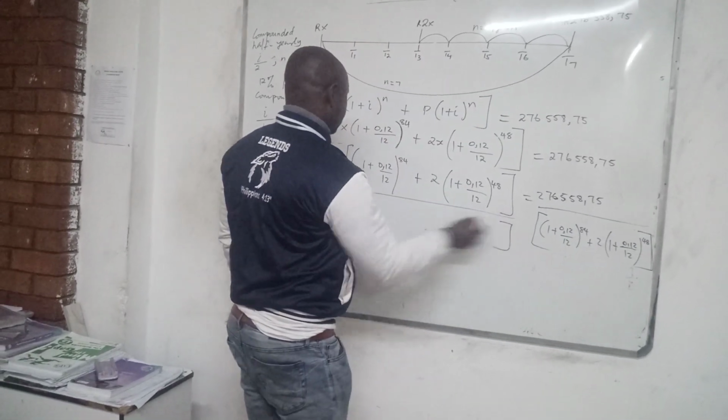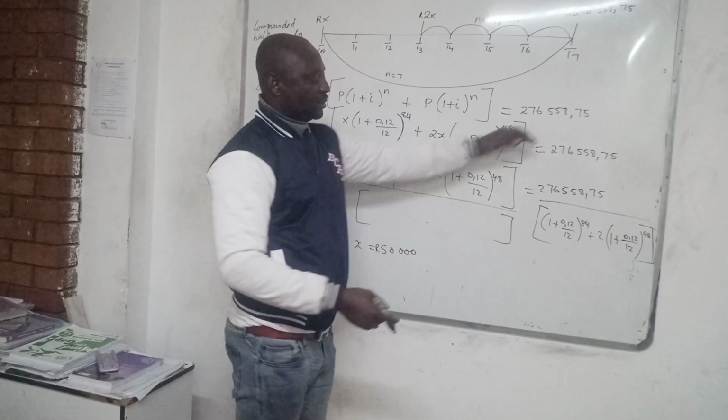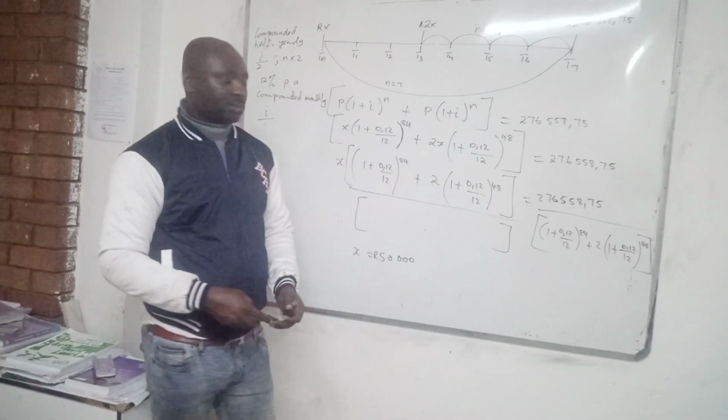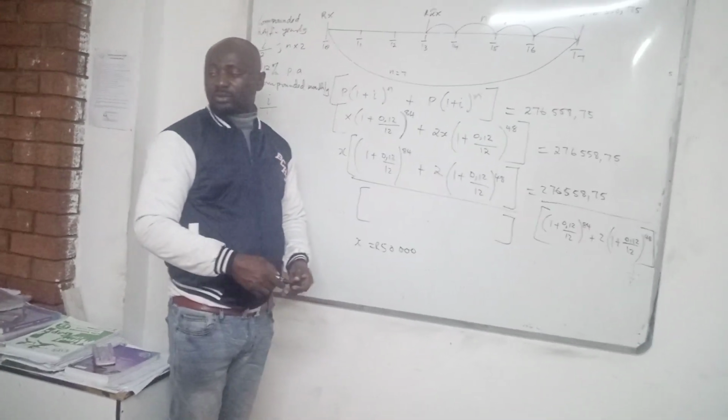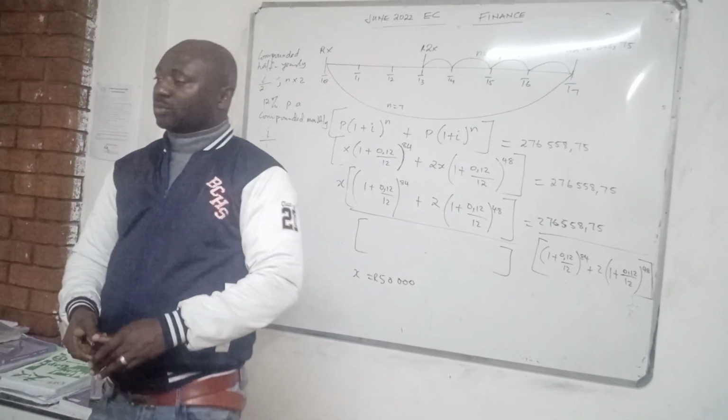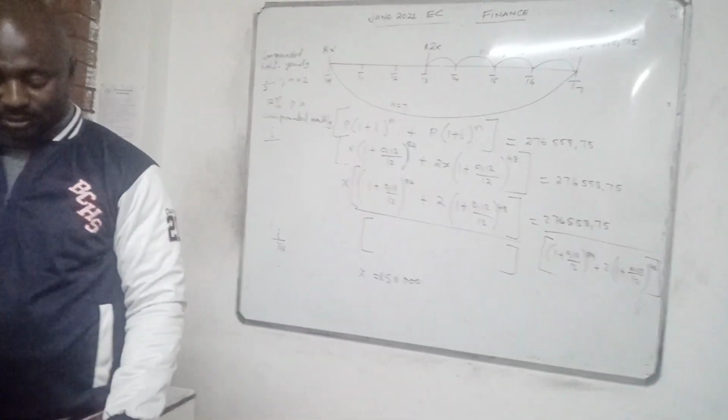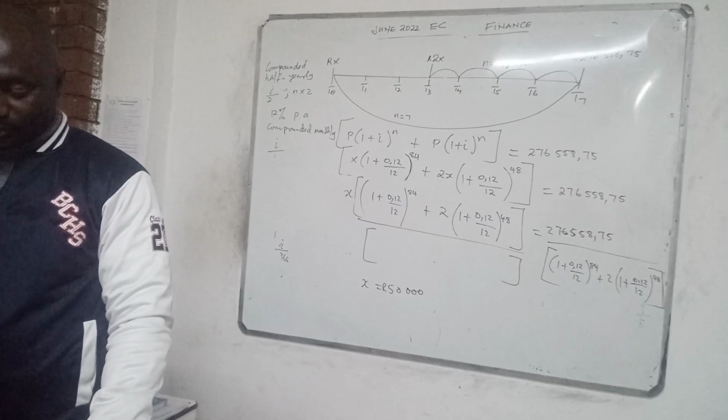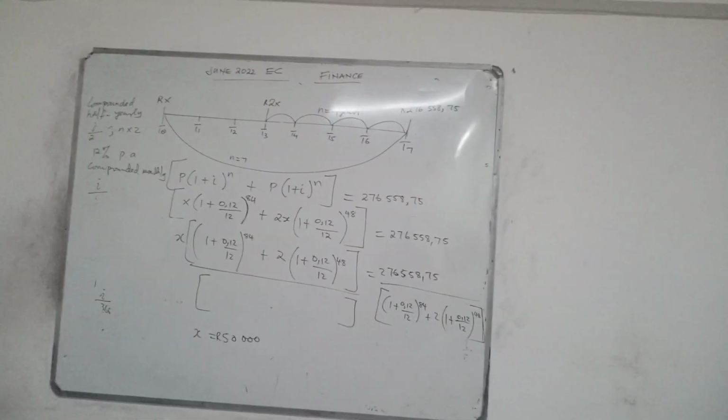So this bracket will cancel that one, and we divide that also, and we get 50,000. So the initial deposit in the account was 50,000 rands. X is equal to 50,000.